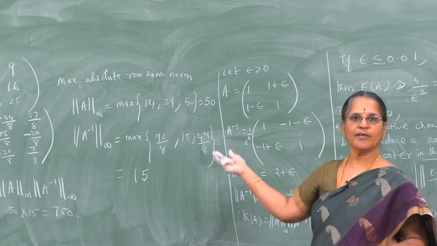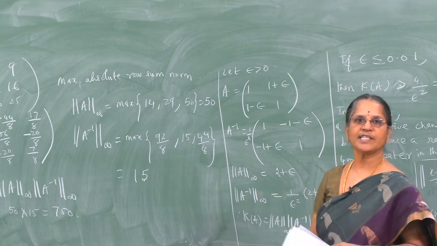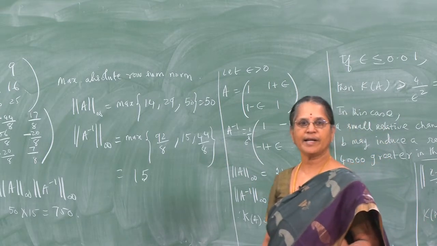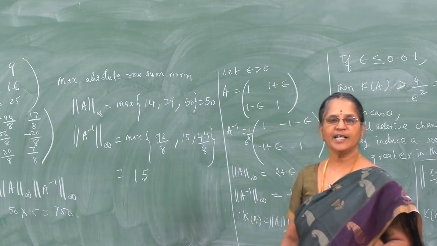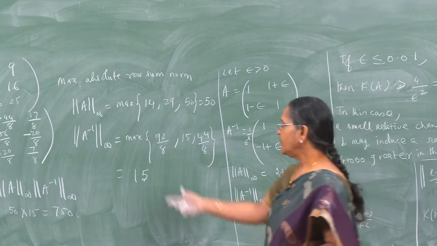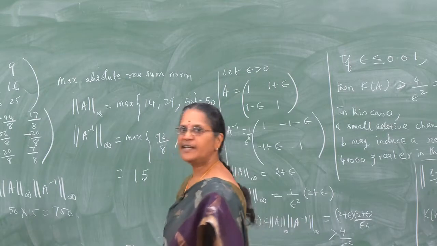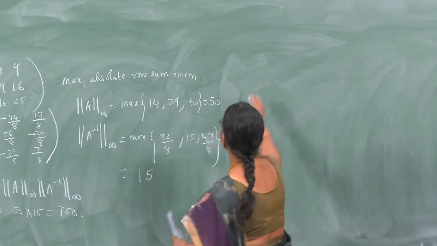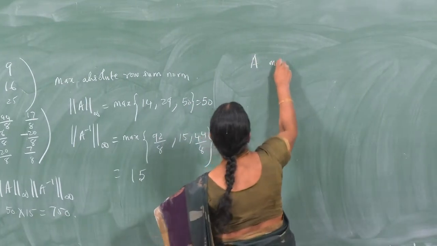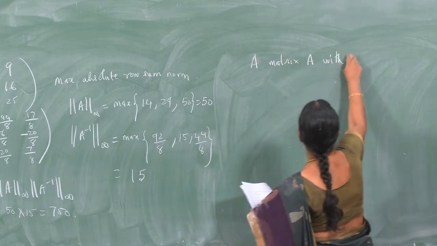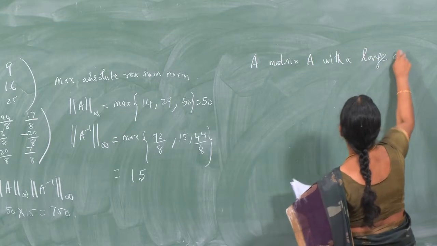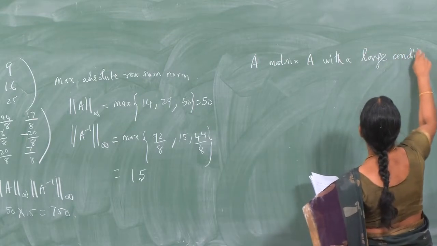If you are going to solve a system of equations with A as the coefficient matrix, then the corresponding system is going to be an ill conditioned system, because the condition number of A is large. A matrix A with a large condition number is ill conditioned.